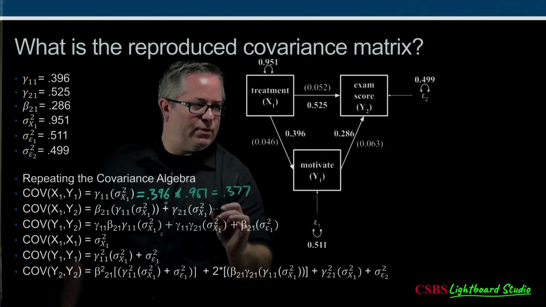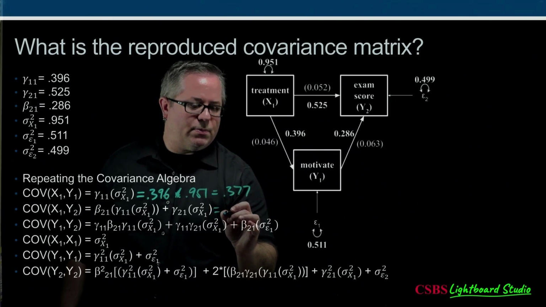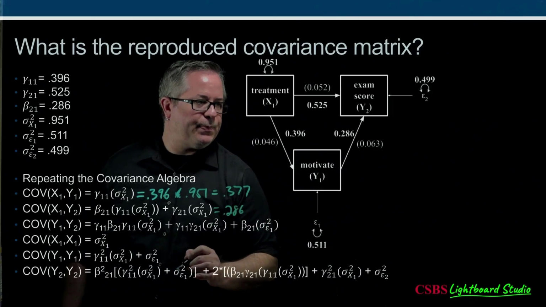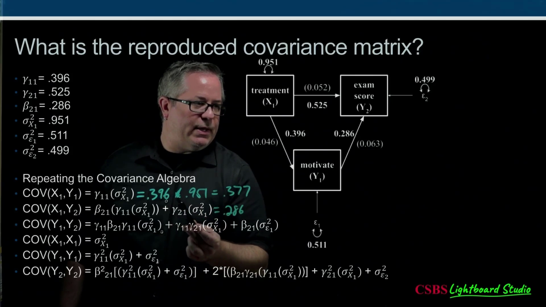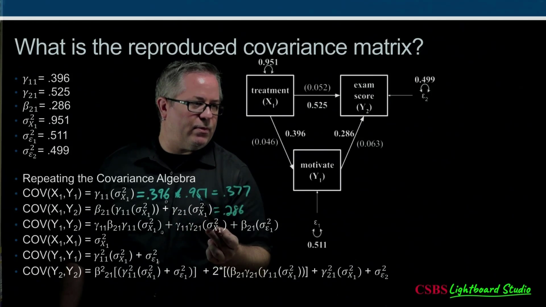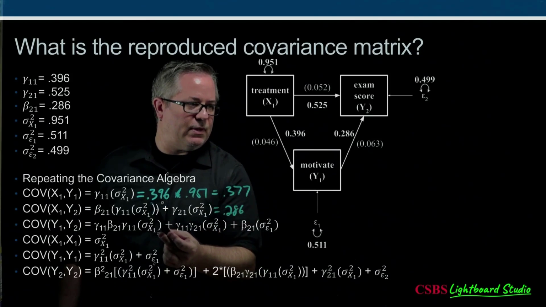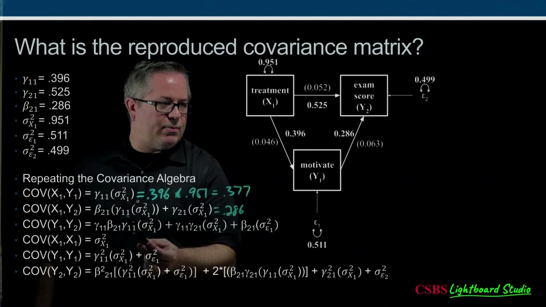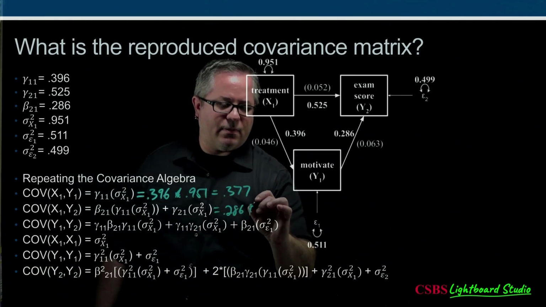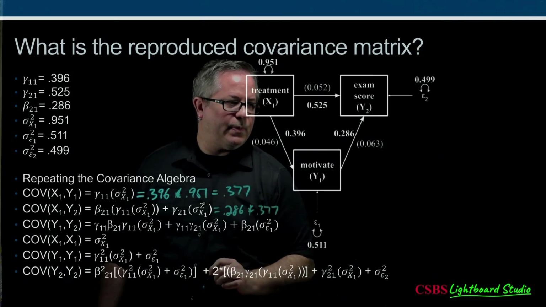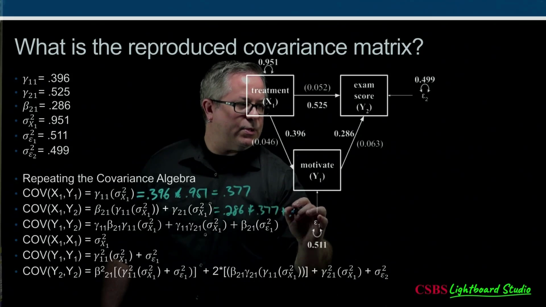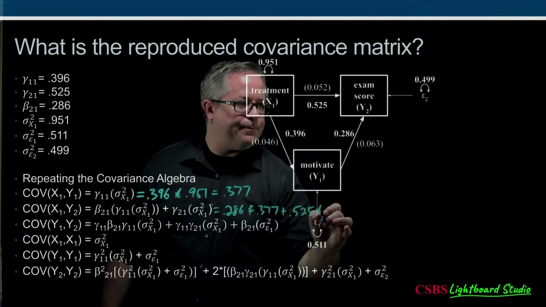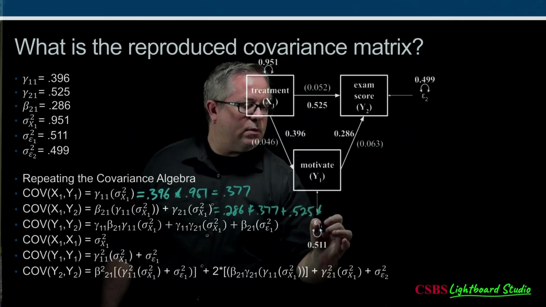Next one's a bit longer. I don't know if I have enough room to do it, but let's see. So beta 21 is 0.286 times, now we could either put these numbers back in again, 0.396 times 0.951, but we just figured out that was 0.377, and that's what's in these parentheses here, so I can just put that in there, times 0.377, plus gamma 21 is 0.525 times 0.951 again.